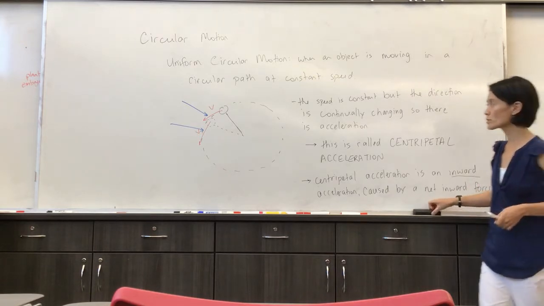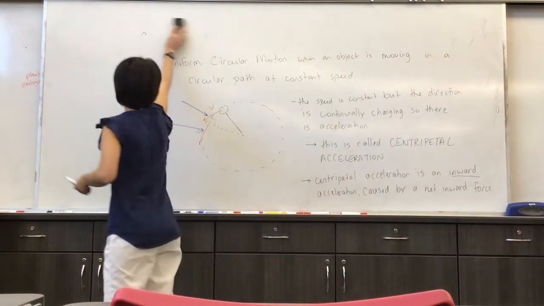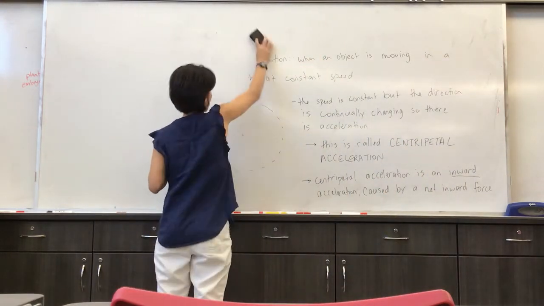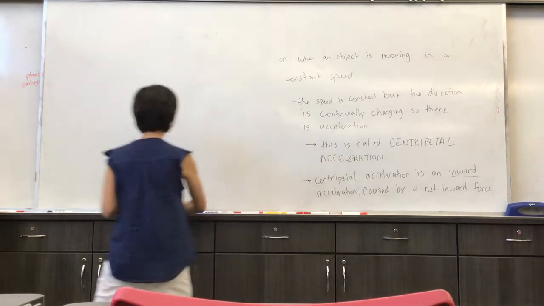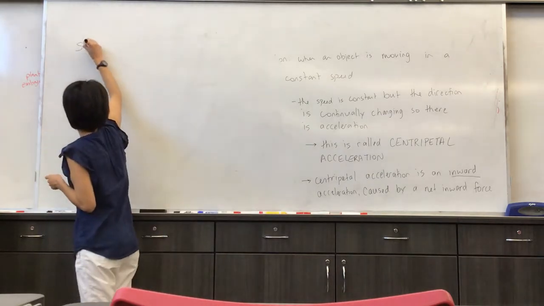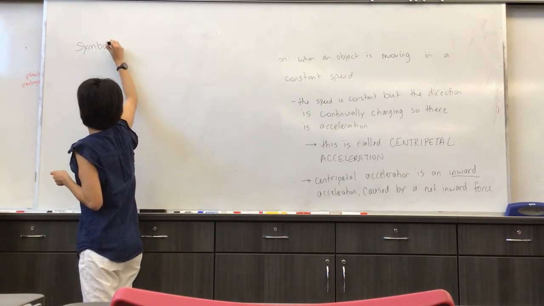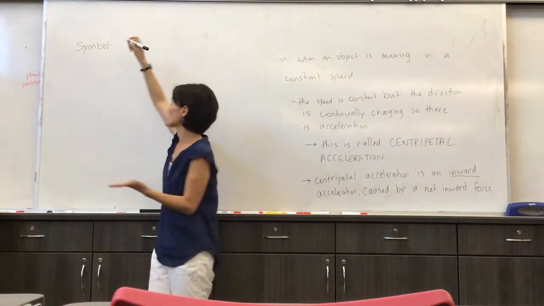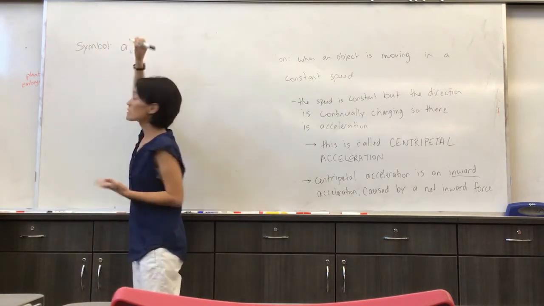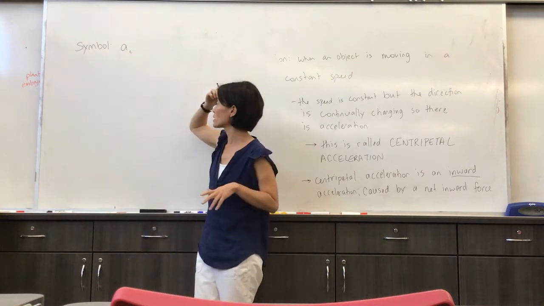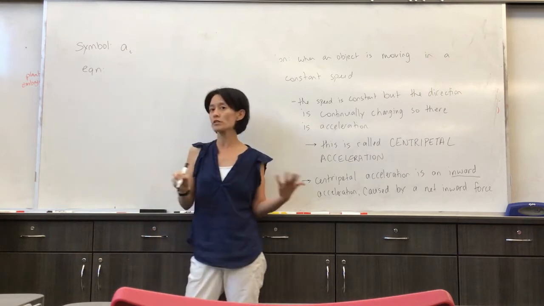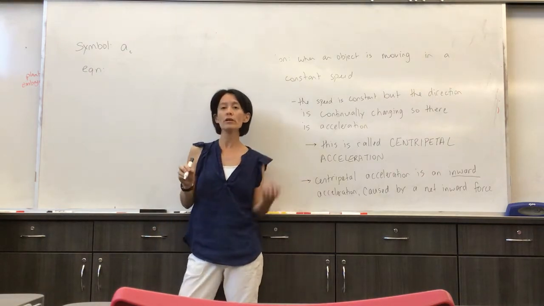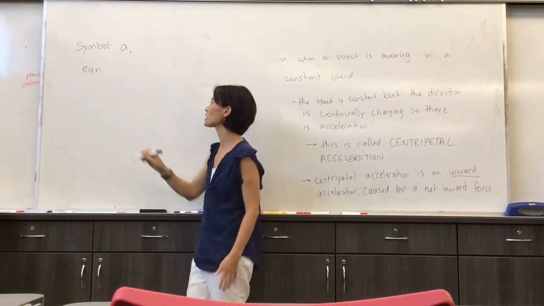Okay. In terms of the symbol, I'm going to erase this a little bit here. The symbol for our centripetal acceleration, again a very particular kind of acceleration, is a sub c. The equation for it is not your standard change in velocity over time, because numerically our velocity isn't changing.